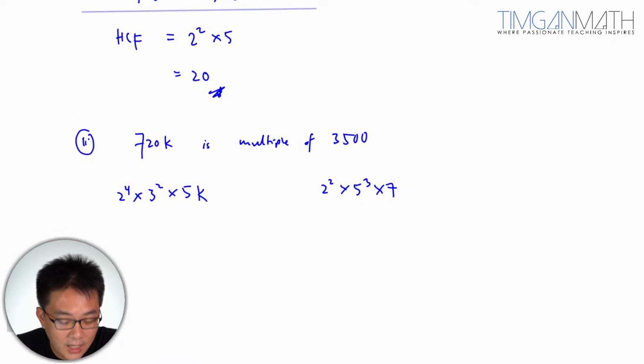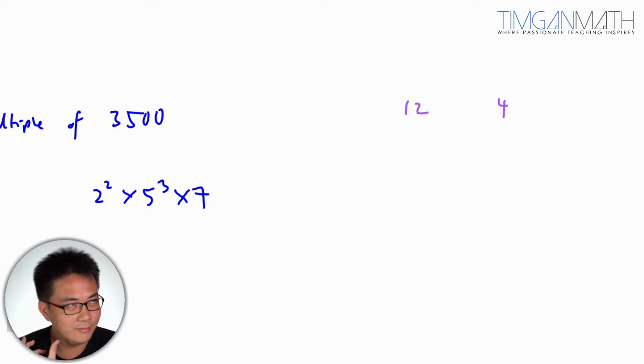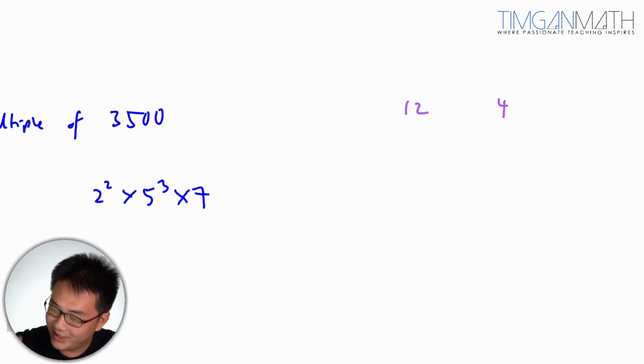If this is too difficult a task to understand, what we could do is make use of smaller numbers, for example 12 and 4. We know that 12 is a multiple of 4, but why? Like I say, prime factorization is to break the number down into its brick form.